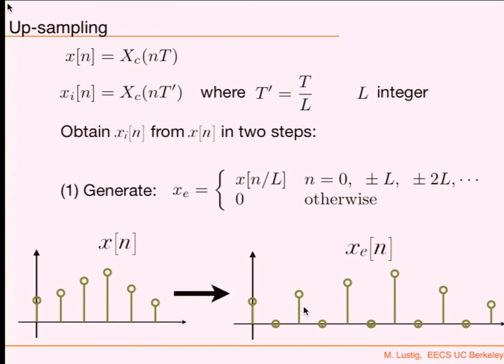Is it translation invariant? If you have a shifted input, do you have a shifted output? No. If I shift this by 1, the output will shift by 2, so it's not translation invariant.